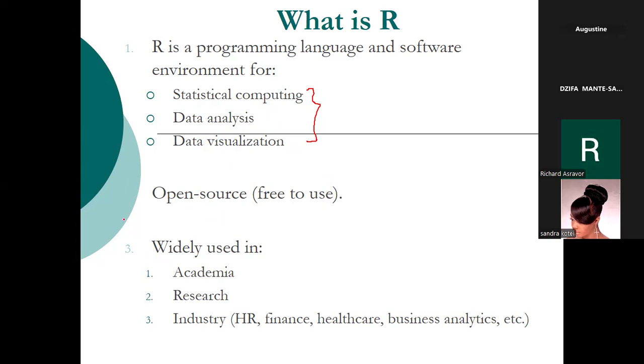R is open source, meaning it is free, everybody can use it. And it is widely used in academia, when we are conducting research, and in industry, in HR, finance, healthcare, business analytics. Your guess is as good as mine. It goes beyond that.